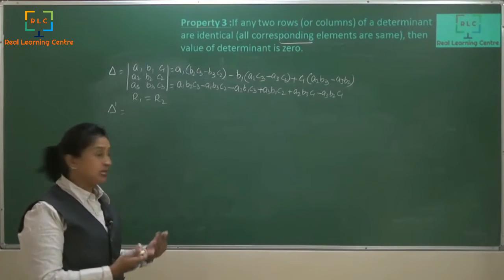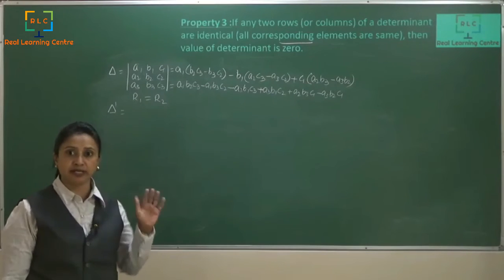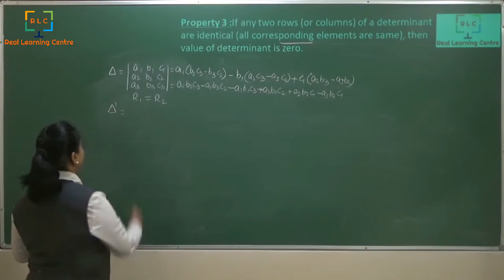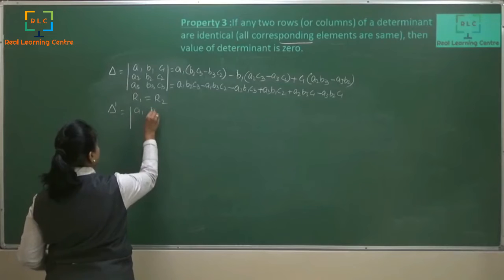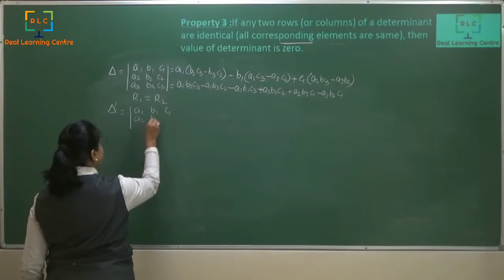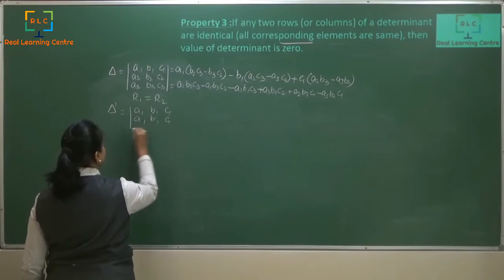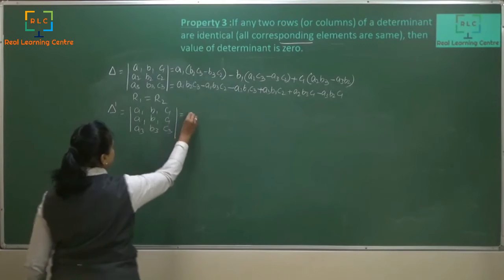So directly in the delta dash, I will write R1 and R2 ditto. So R1 will be A1 B1 C1. R2 also will be A1 B1 C1. R3 I'll write A3 B3 C3. Okay, let us expand.